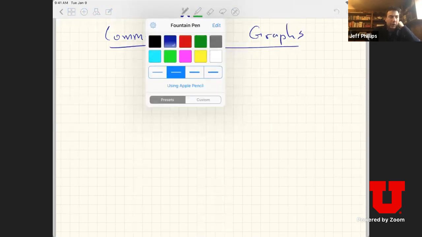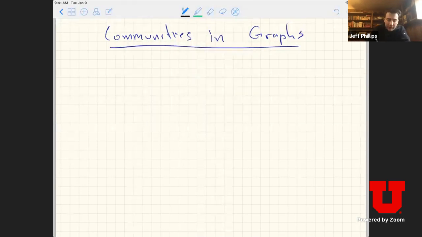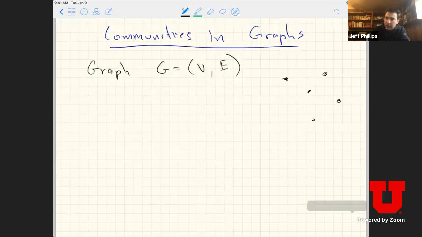All right, so again, we're thinking about a graph, and this is usually written as G, which is a vertex set and some edges, right? Now, particularly in this lecture, think of these vertices as people or entities.